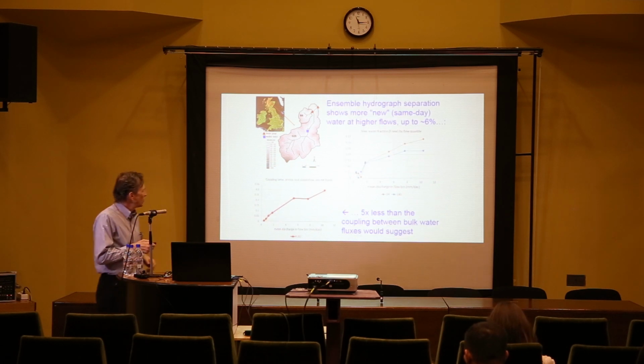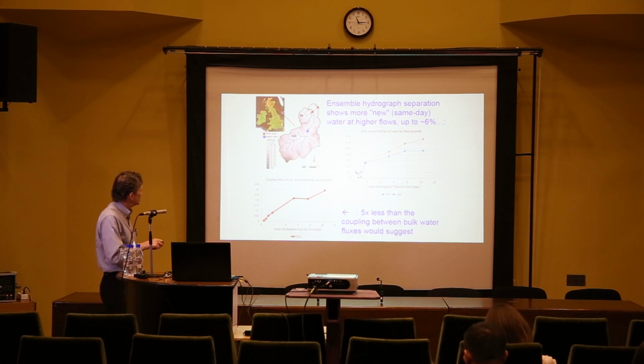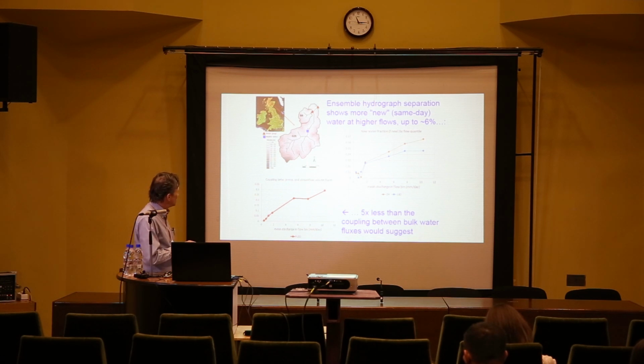And if we now construct a diagram where we're plotting, as a function of average discharge at different flow regimes, what fraction of new water is in the stream, we see that this new water fraction varies from less than 1% to more than about 6% or so, like this.